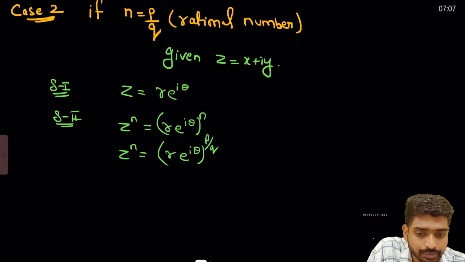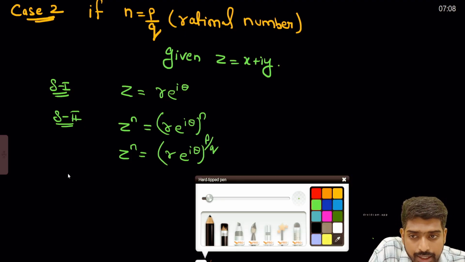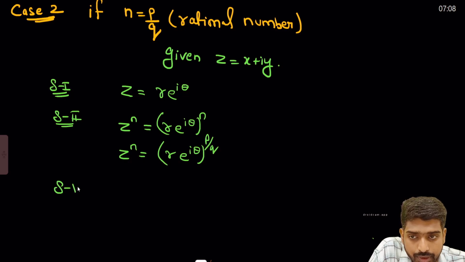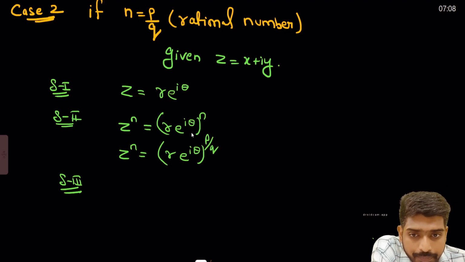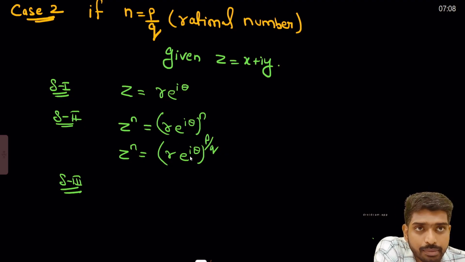Now next, in step 3, see, here only it is different from the previous case 1. See here the numerator part, which is p, p simply I will send inside. Got it?